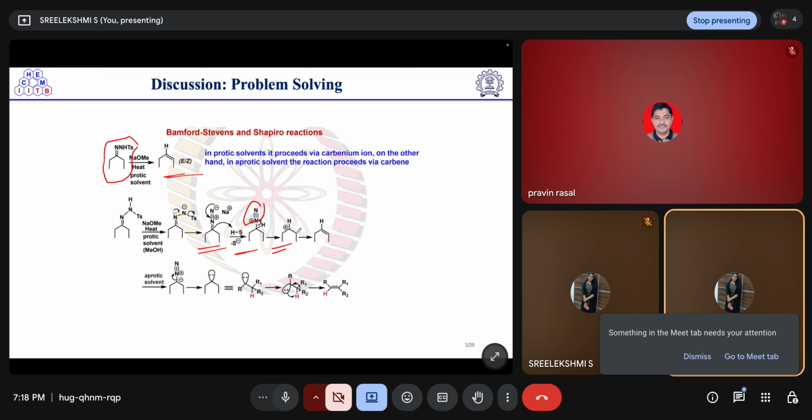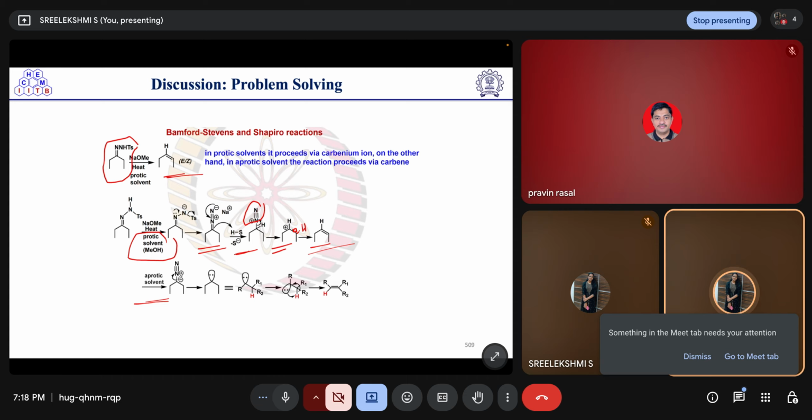Then from here, this proton abstraction will take place and stabilize this positive charge to form this alkene. This is the case when we are using protic solvent. Now if we use aprotic solvent, what difference will it make?